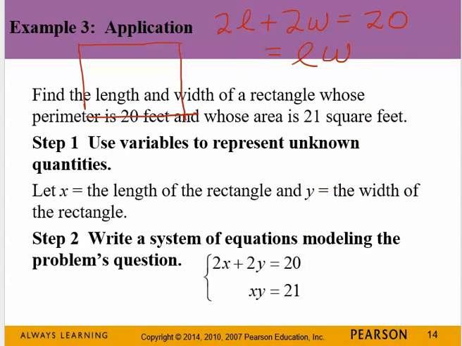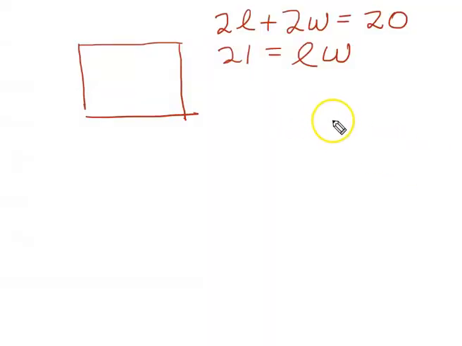And you might say, how do we solve that? Well, I'm going to go to the whiteboard and use a method that I've used before where we want to substitute into our area formula a value for the length or width.